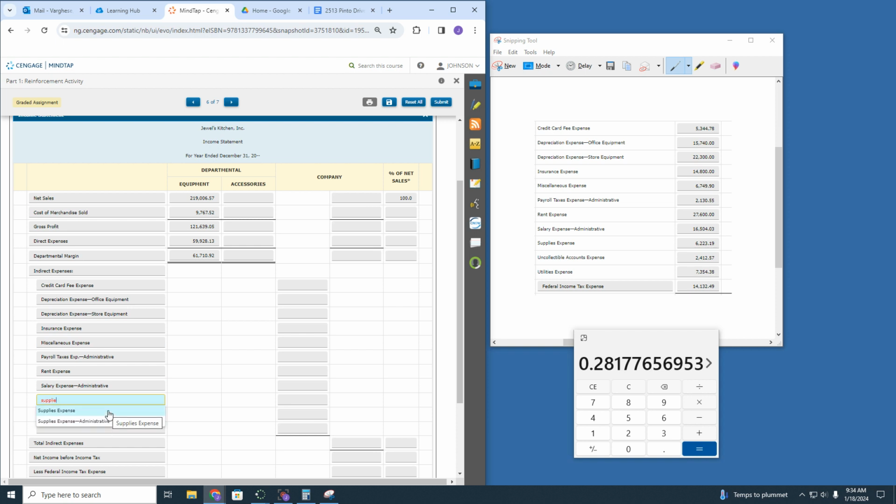So salary expense, supplies expense, uncollectible accounts expense, and utilities expense. All right, so I'm going to fill those numbers in from my, what is this called? My adjusted trial balance.